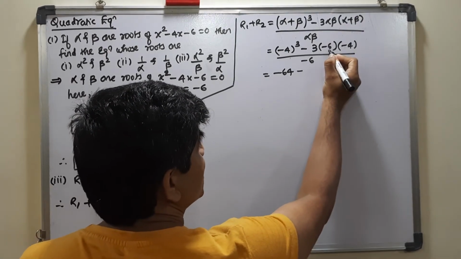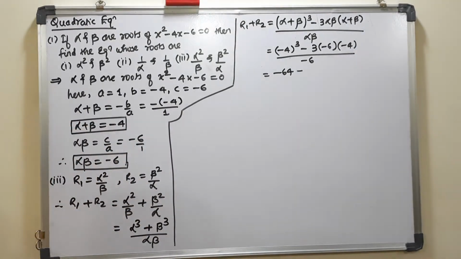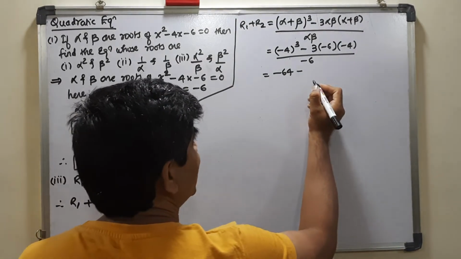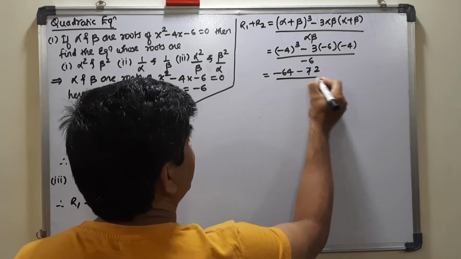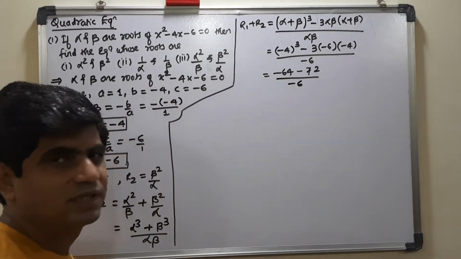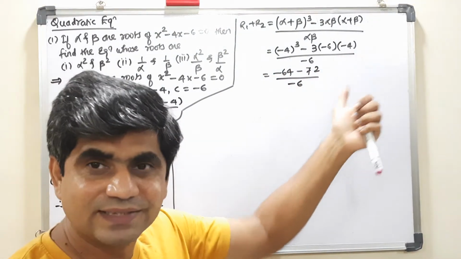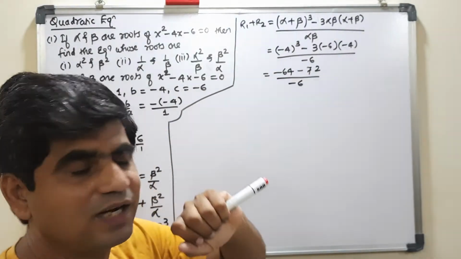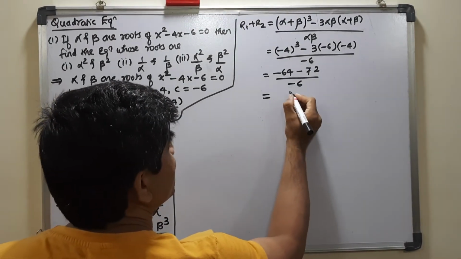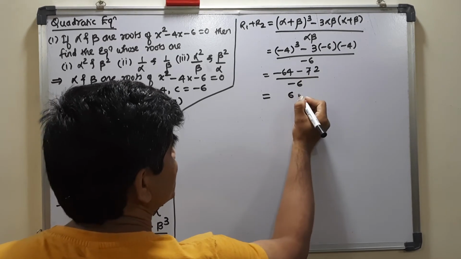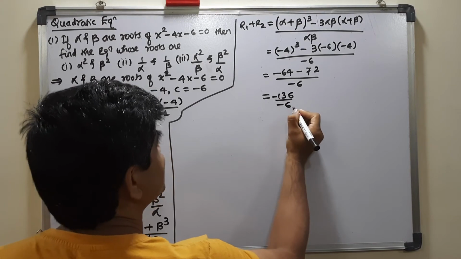Now 6 fours are 24. 24 into 3 is 72. Correct? 72 upon minus 6. 64 has a minus sign, 72 has a minus sign, both have the same sign, so addition happens and the sign of the larger number stays. So 72 plus 64 will be 136, minus 136 upon minus 6.